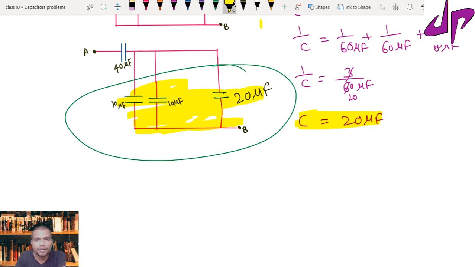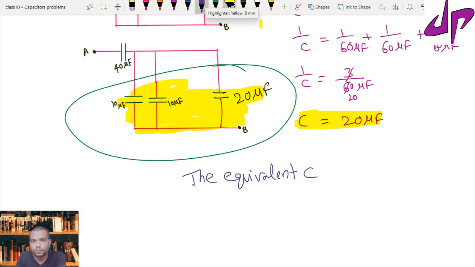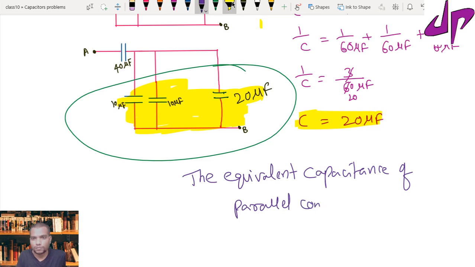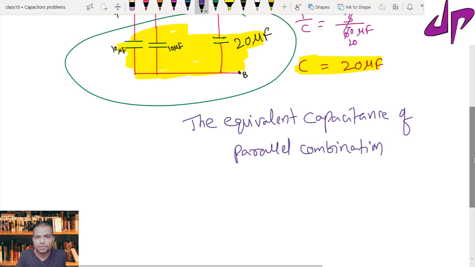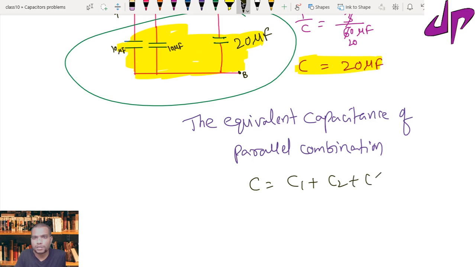So we will find out the equivalent capacitance of these three. Since they are in parallel, the equivalent capacitance C equals C1 plus C2 plus C3.